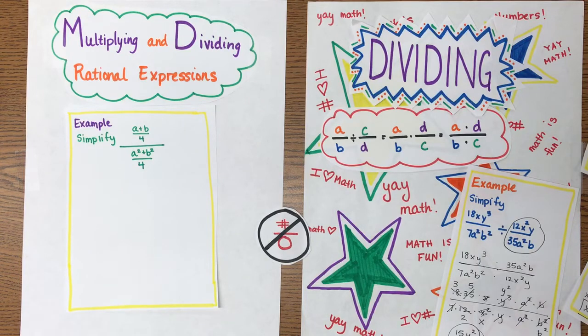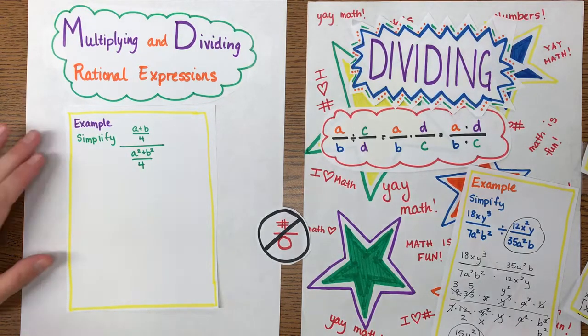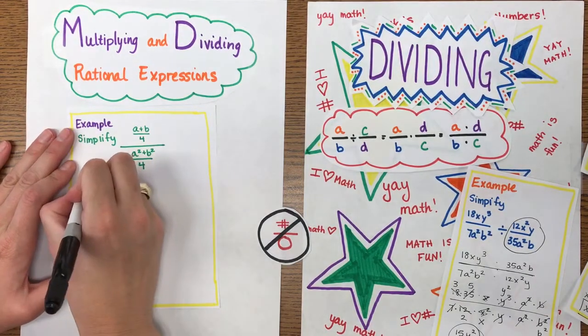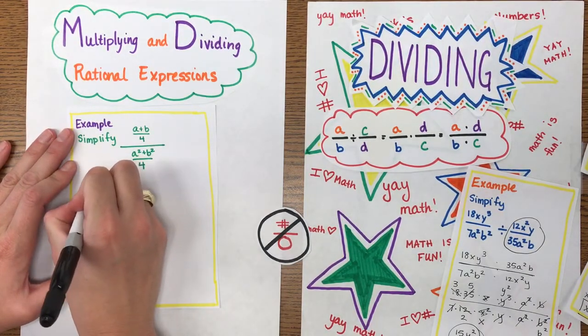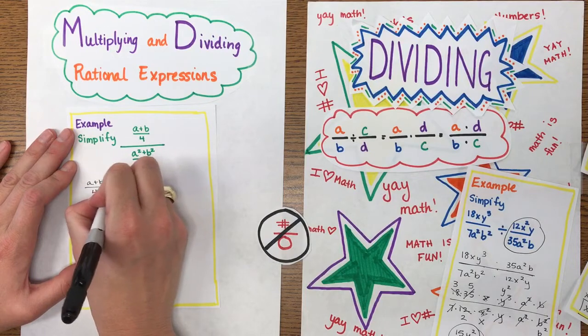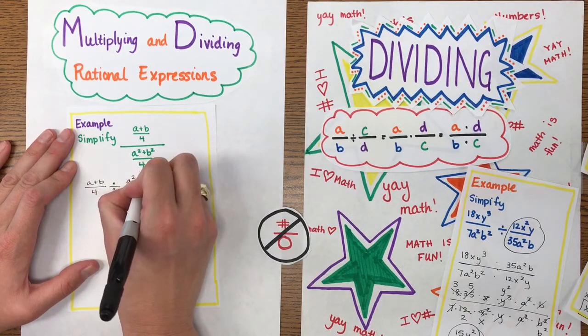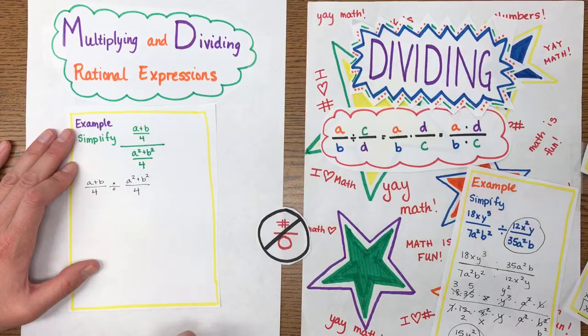Looking at this problem, this is just another way of looking at division. I have a plus b over 4, divided by a squared plus b squared over 4. This big division is really just meaning I have a plus b over 4 divided by a squared plus b squared over 4.